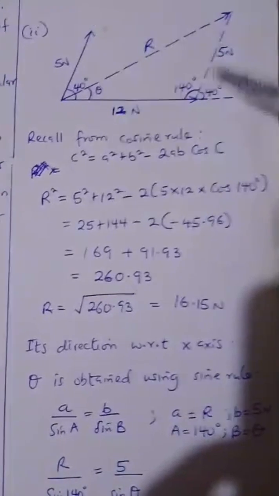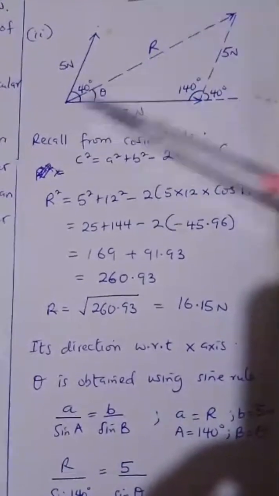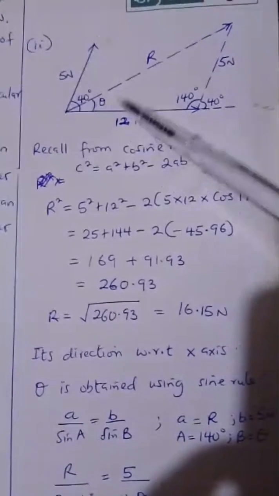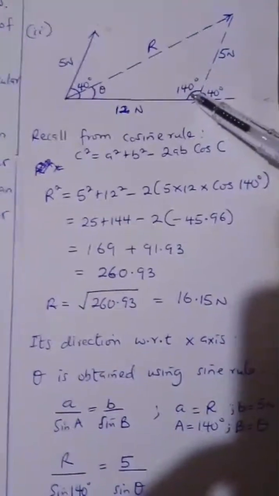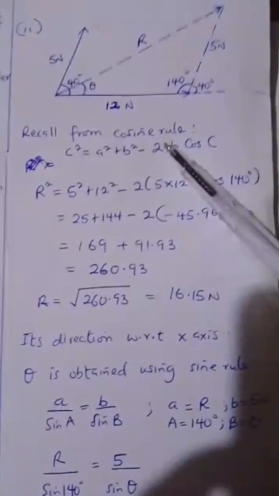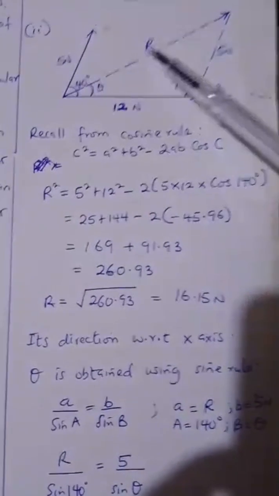So this is our resultant. This triangle has an obtuse angle here, an angle greater than 90 degrees, so we can use the cosine rule to find the magnitude of r.